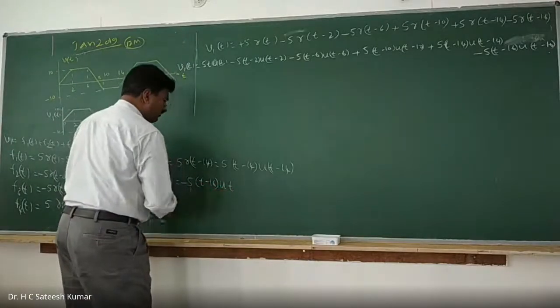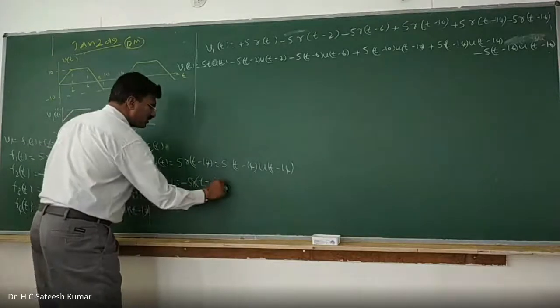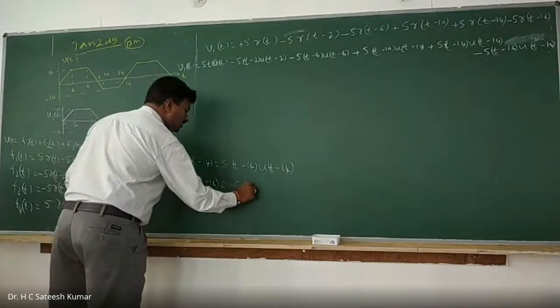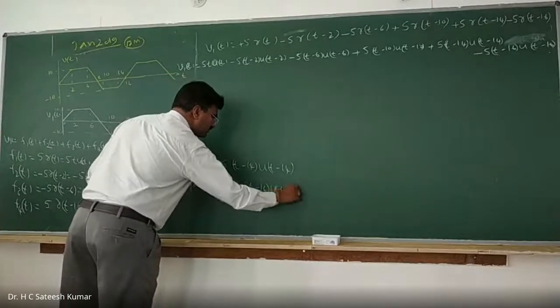I'll write it first in terms of ramp: minus 5 into r of t minus 16, which is equal to minus 5 into t minus 16 into u of t minus 16.